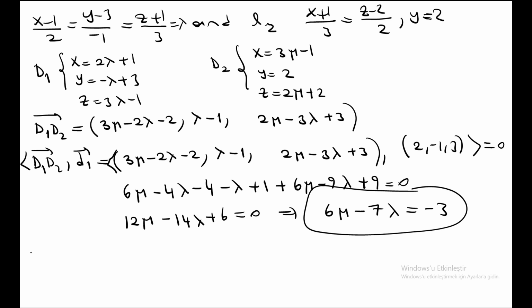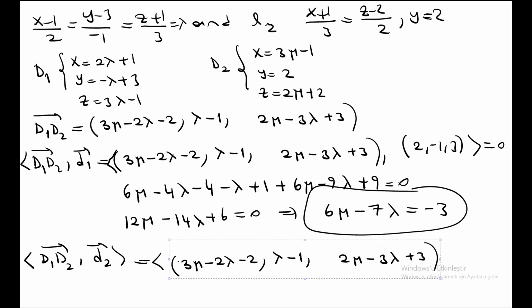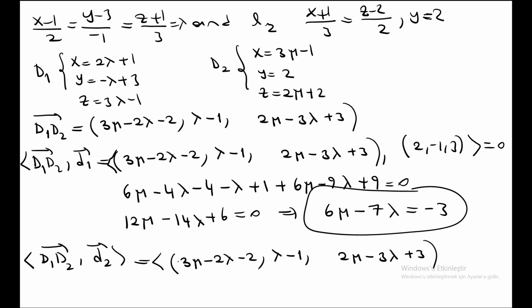Okay, now D1D2 will be perpendicular to D2. Again, bring this one here. I will multiply this one by 3, 0, 2. So this will be 0 again.